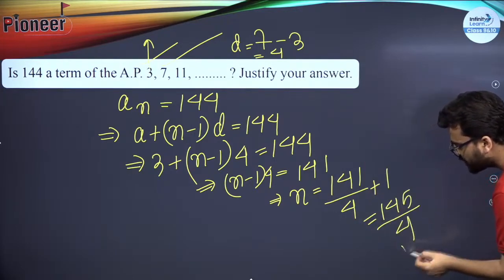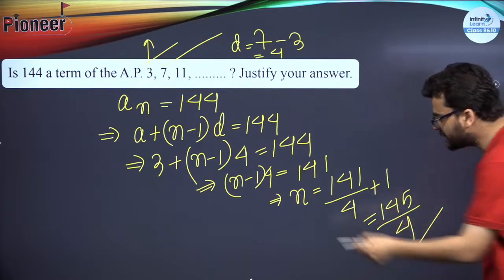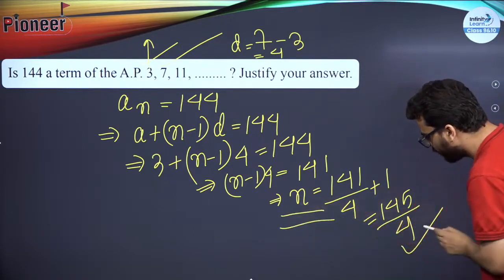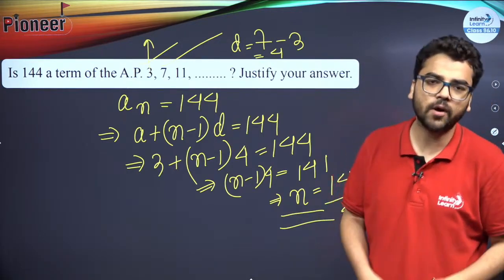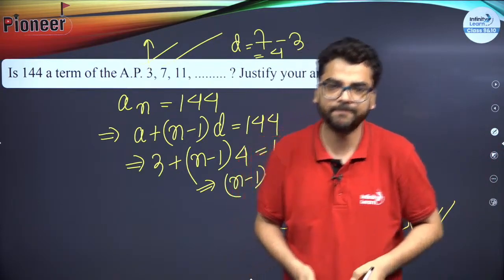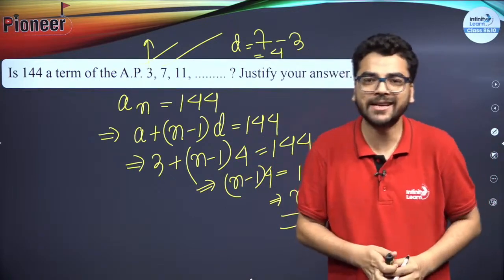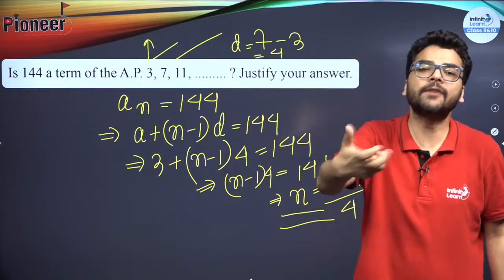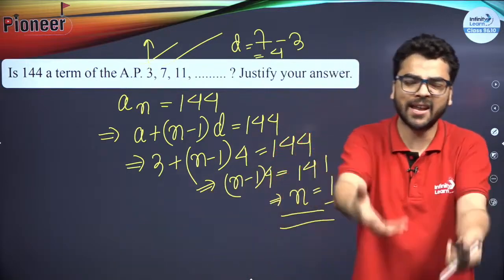Can this be the position of a term of an AP? Tell me. Can n be equal to 145 by 4? Do you agree with this? Can n be equal to 145 by 4 for any term of an AP? No. Because it is the position. You cannot say that I want to get 85 by 2th term. That is not possible. Position can never be fractional.